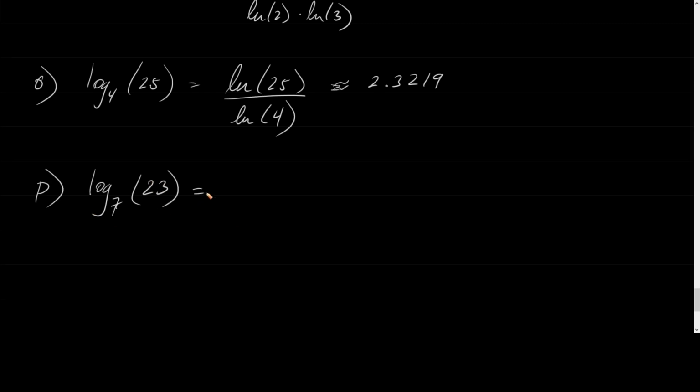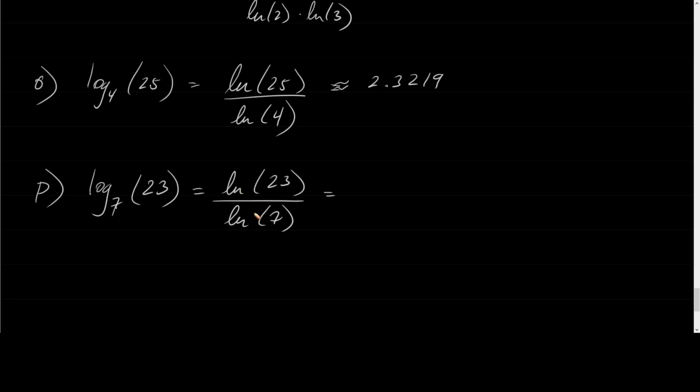And a way to think about this is saying, well, 7 to what power gives you 23? Well, that is a very annoying kind of thing to want to calculate in your head. So what we're going to say here is, using the change of base formula, it's ln of 23 over ln of 7. You could have also done it with just the common log, but again, I highly recommend that you start getting used to ln.